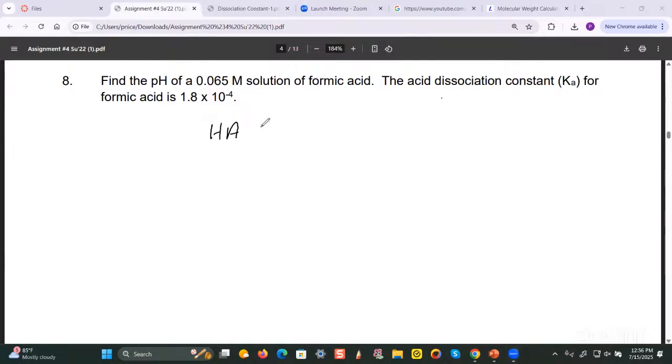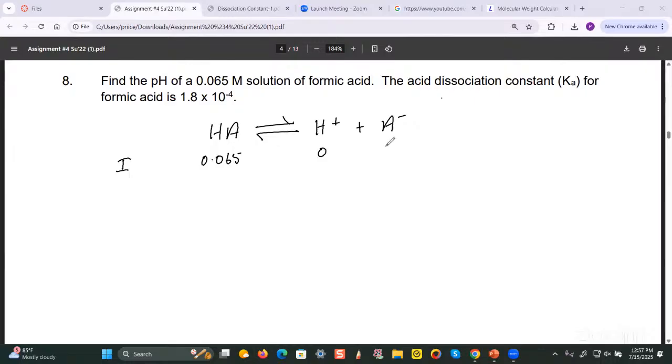The formula is not really important to solving this problem, so I'm just going to use HA to represent the weak acid. And of course, because it's a weak acid, you're going to have equilibrium. So we're going to get into the ICE table, which we talked about before. The initial concentration of the acid is 0.065.